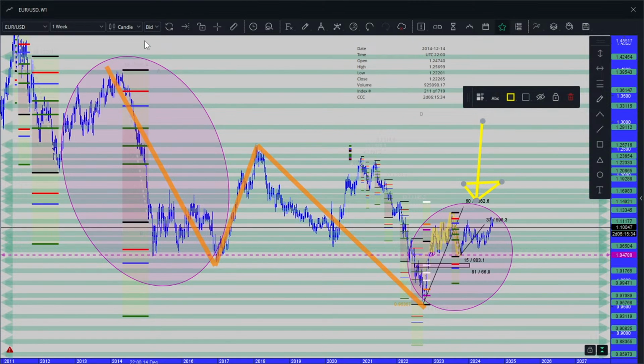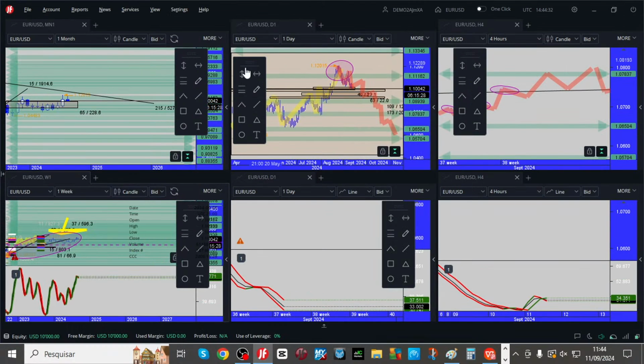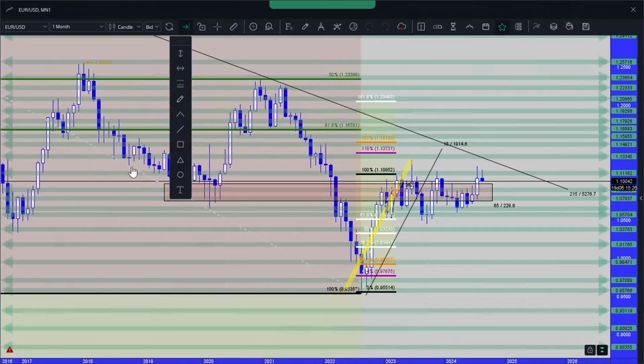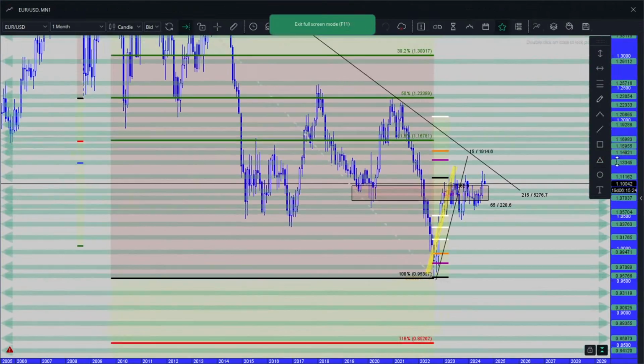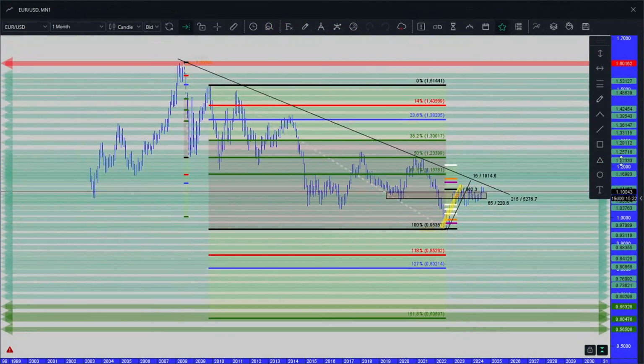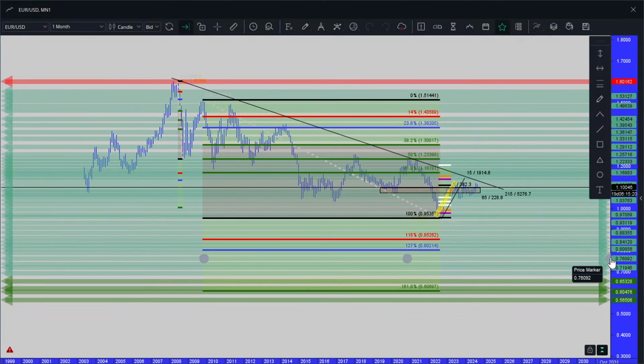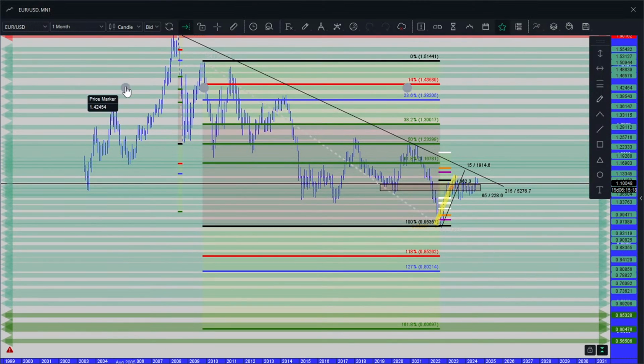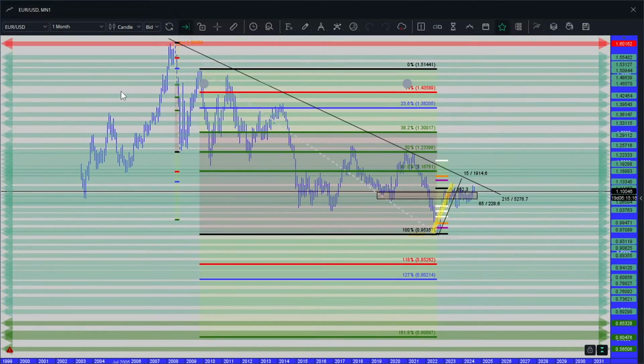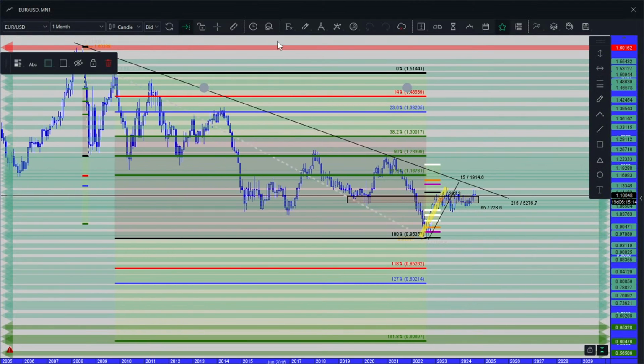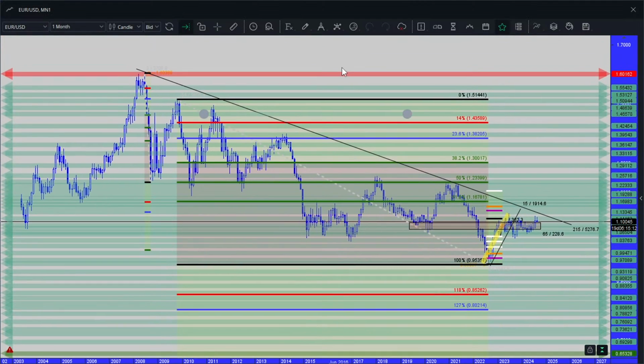Sam says, no, it's up. All right. So let's go on the monthly chart. Everybody, that's the monthly chart. Is your market wave up or down? Remember, on the monthly, you're not going to see the change in the short-term trend.